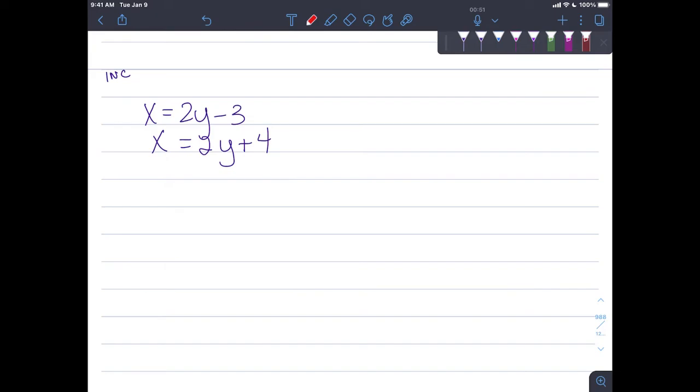The ones that do not make any sense. Okay? So, inconsistent is the same thing as saying false, no solution. This will be given to us by the calculator as no solution. Okay? So, here I'm going to use substitution.